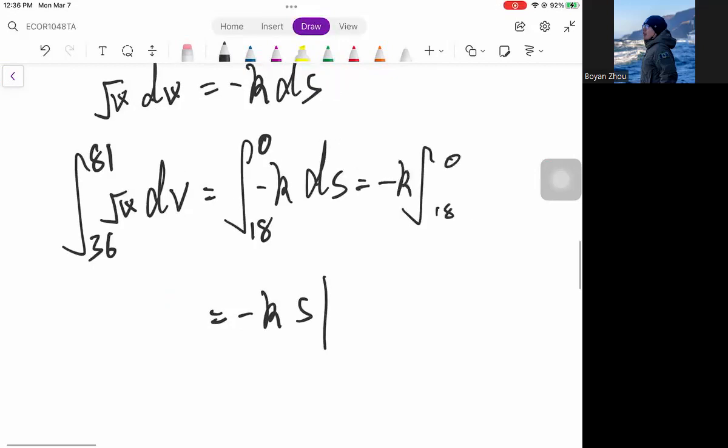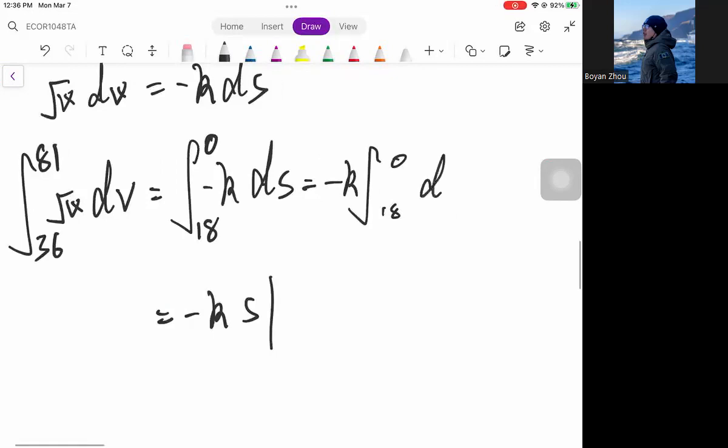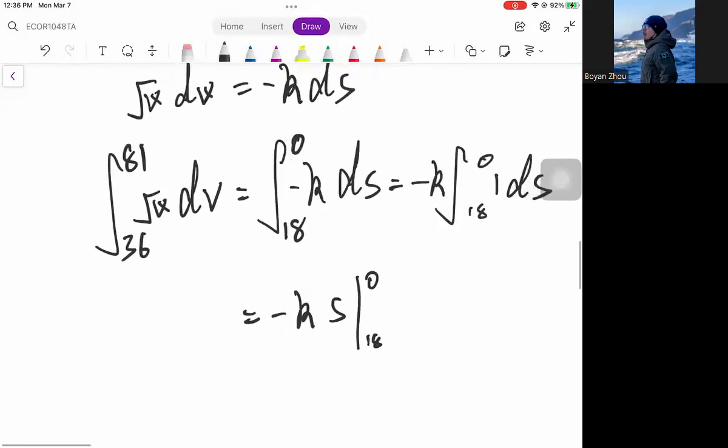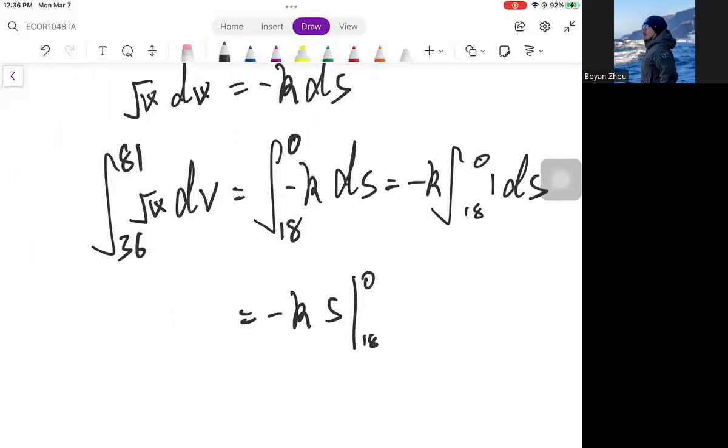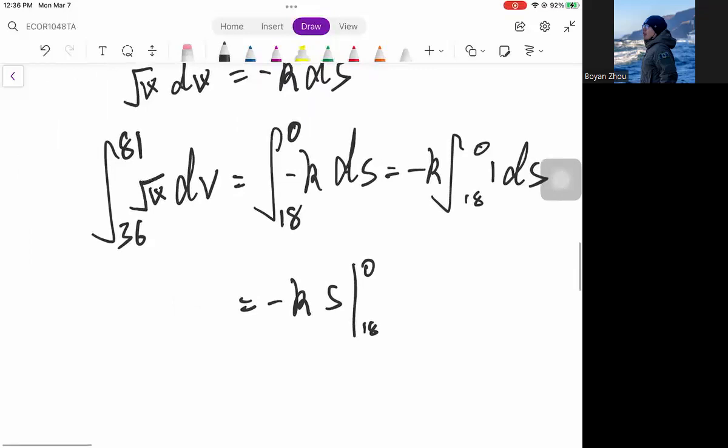Doing this means integrating one, so that is just gonna be s itself, evaluated from 18 to 0.